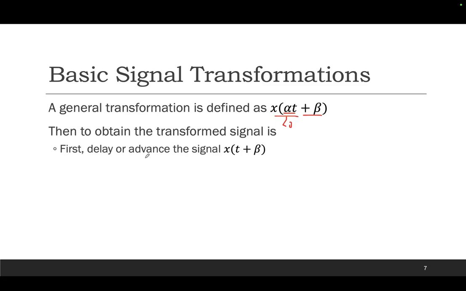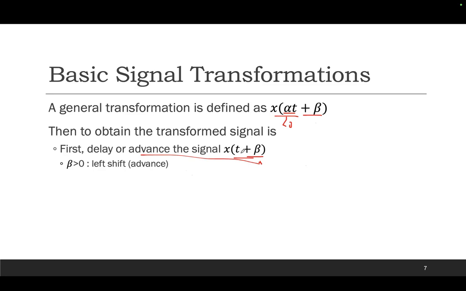Firstly delay or advance the signal like this. If beta is greater than 0, it will be a left shift. Left, because this is greater than 0, which means the value here will become smaller.